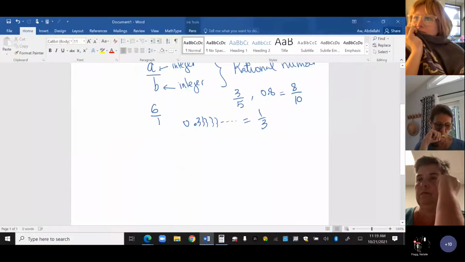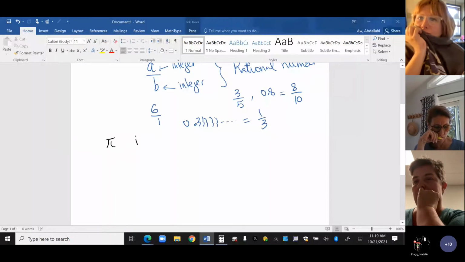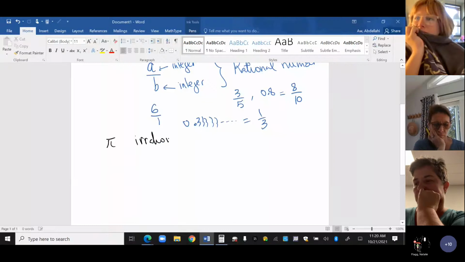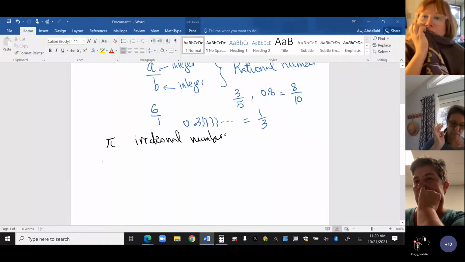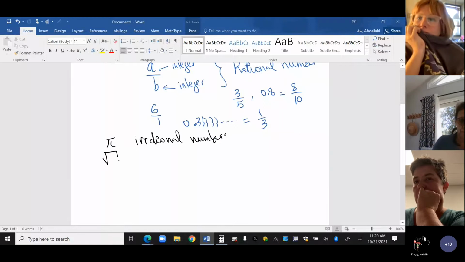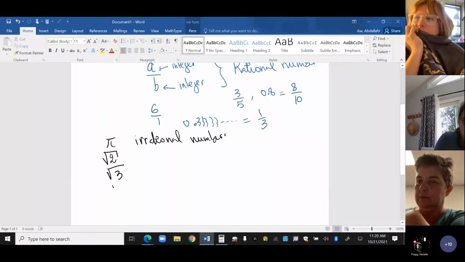Pi is an irrational number. Some other numbers are also irrational. Among them, any square root, for instance, any radical that is not an exact number. You see, square root of 2, square root of 3, square root of 7, square root of 11, etc. All these numbers are irrational.